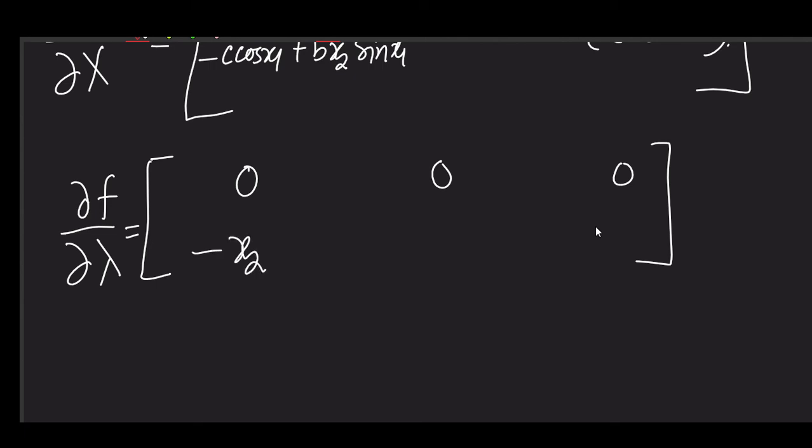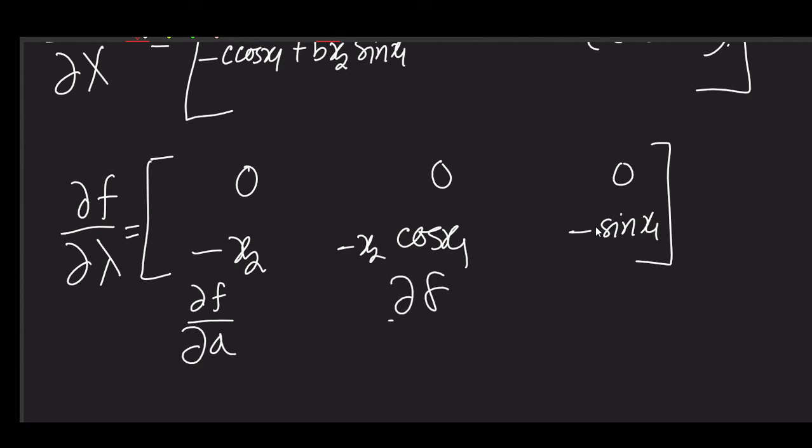But here you will have, basically what I am doing here is very simple. This row is del f del a, del f del b, and this one is del f del c. I am doing.